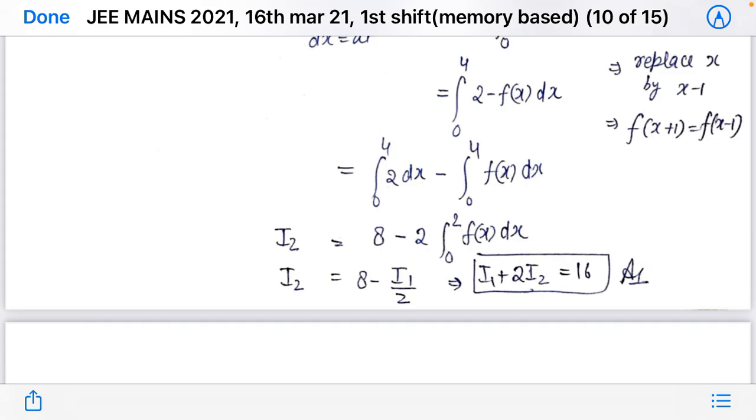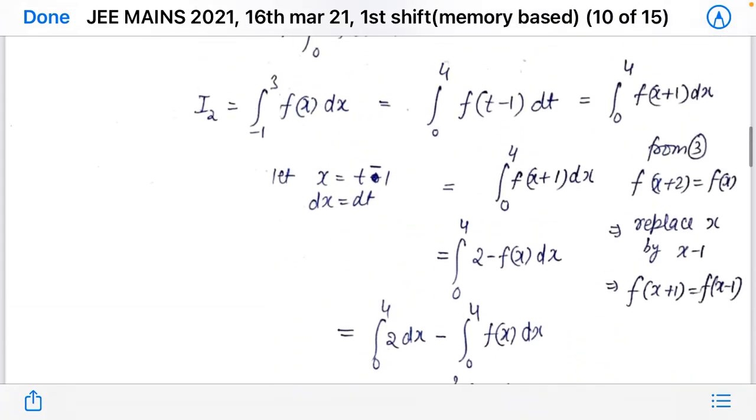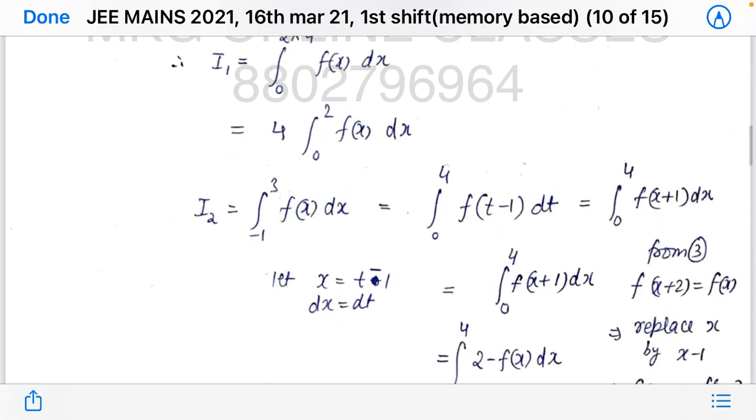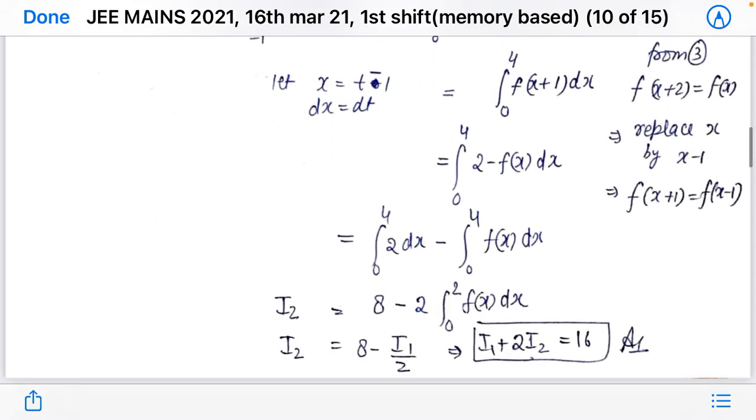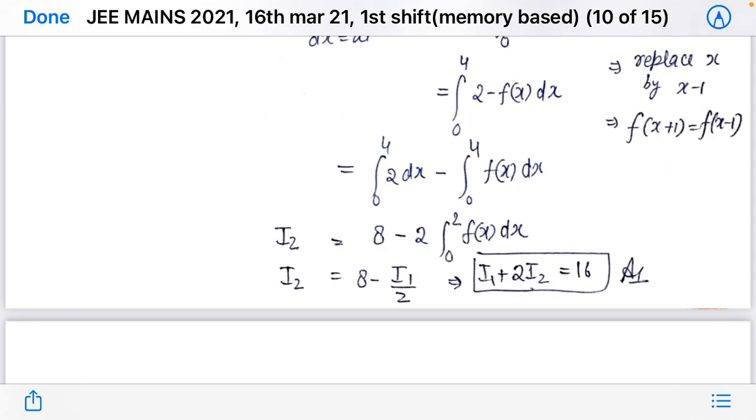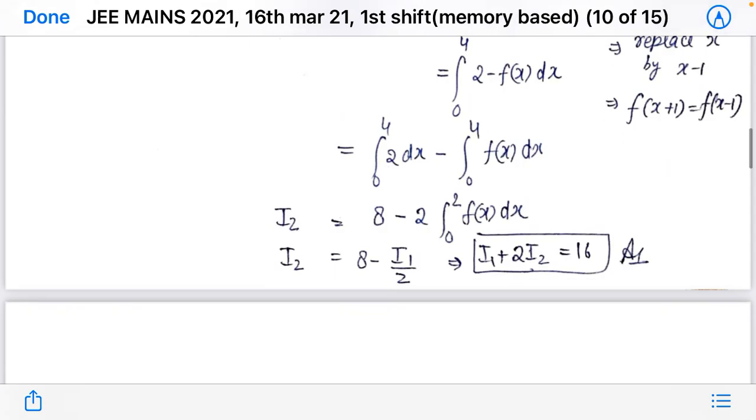Again, 0 to 4 of f(x) dx is twice of 0 to 2 of f(x) dx. 0 to 2 of f(x) dx was I1 by 4 basically. So I can write 8 minus I1 by 2. If you take the LCM and all, you will be getting I1 plus 2 I2 is 9.